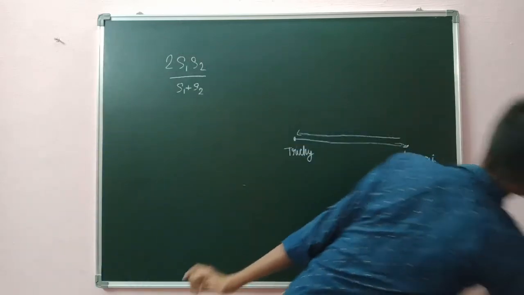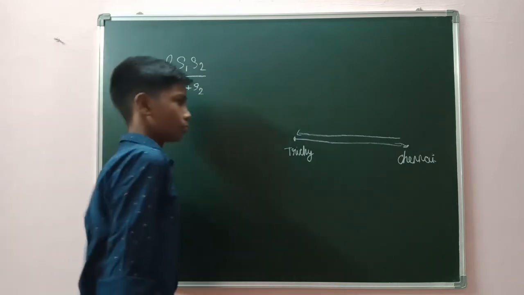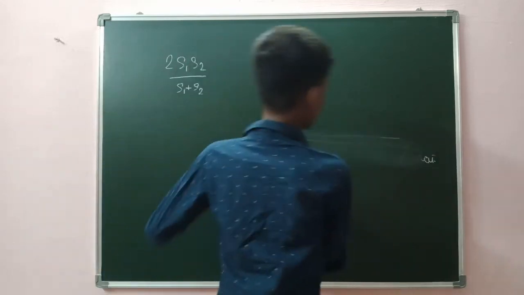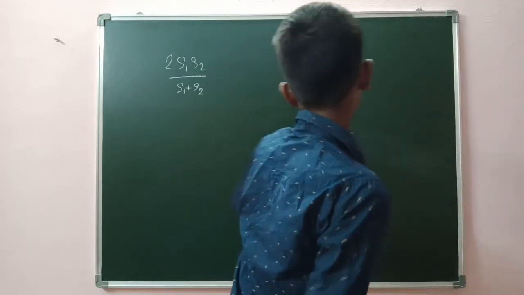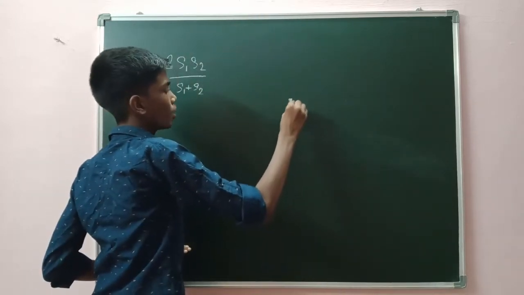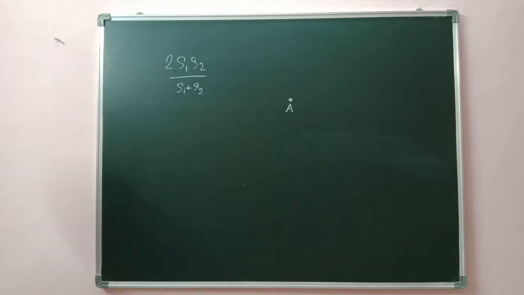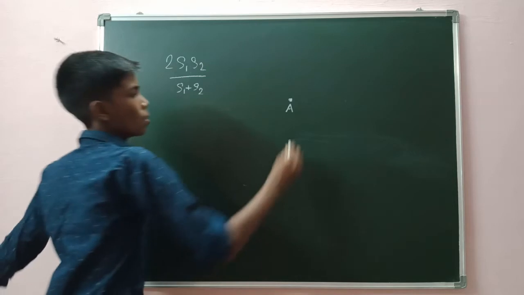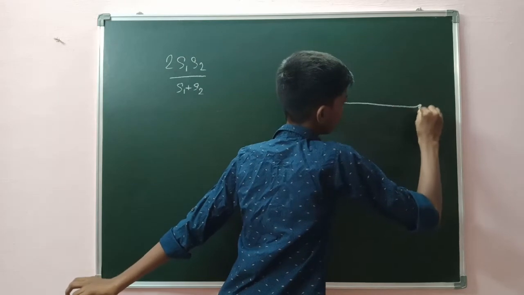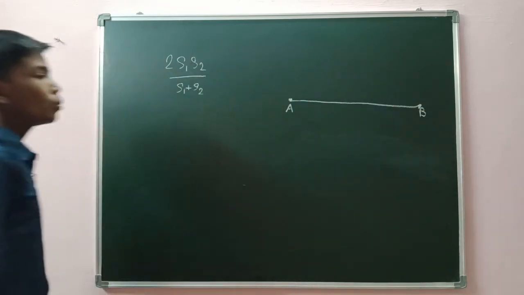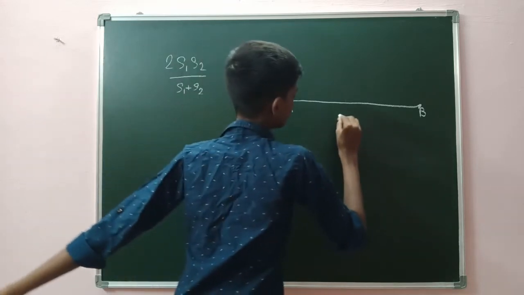Okay, so now let us derive that formula, that is 2 into S1 into S2 by S1 plus S2. What you guys are supposed to understand is, let me say there is a point A. Now an object or a vehicle is moving from point A to point B, and these two points are at a distance x.